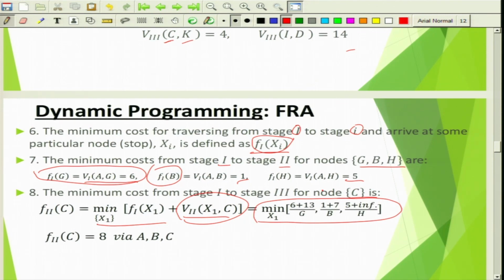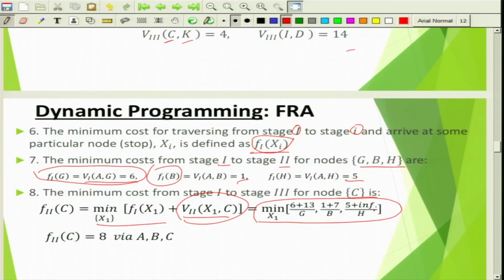You got it, no? So, among these 3 possible paths to reach point C, either from A to G and G to C, or A to B and B to C, or A to H and H to C, which is the most minimal one? It is this one, that is via A, B and C.